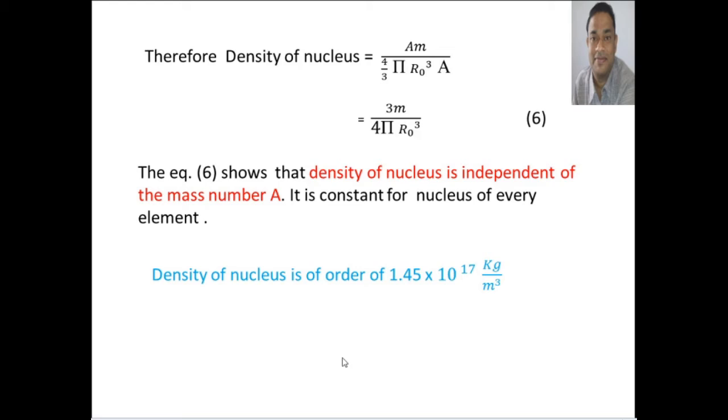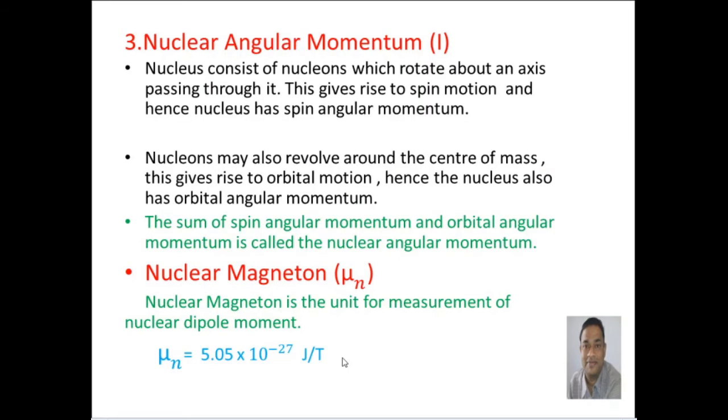Every nucleus of every element may have a density in this range. So in short, the density of a nucleus is a constant quantity for every nucleus, in the range of 10^17 kilogram per meter cube.